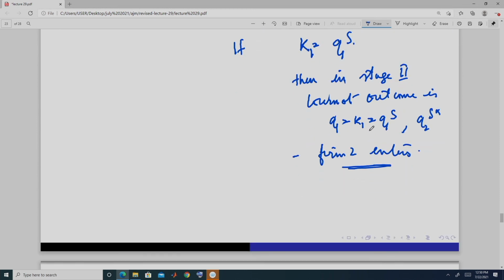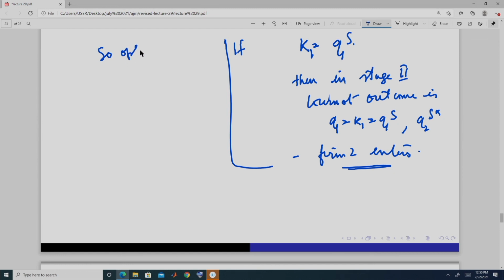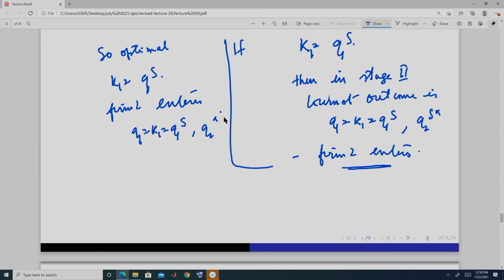So, in this case, the optimal K1 is this and firm 2 enters, and the Cournot outcome is K1 equal to this and the profit this much.